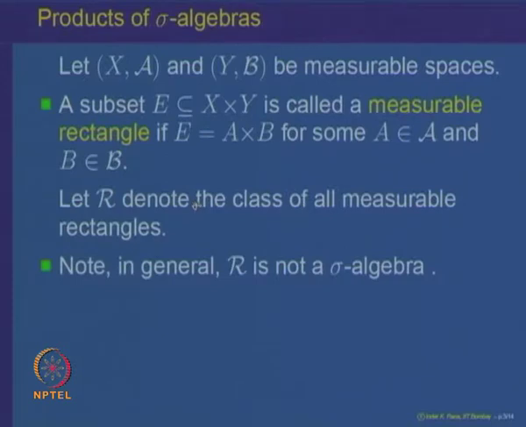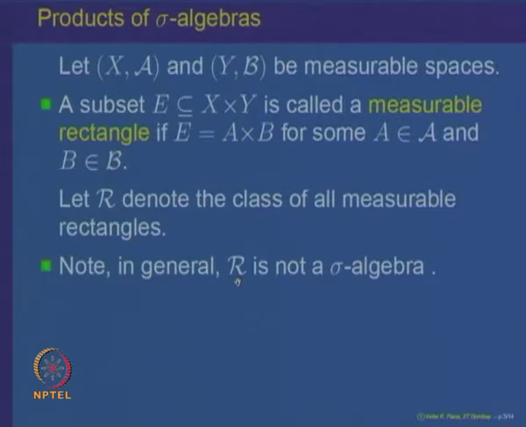In general, we had already observed while discussing the notion of semi algebras, algebras and sigma algebras, that sets of the type A cross B, where A comes from a sigma algebra and B comes from another sigma algebra, this collection of rectangles in general need not form a sigma algebra.